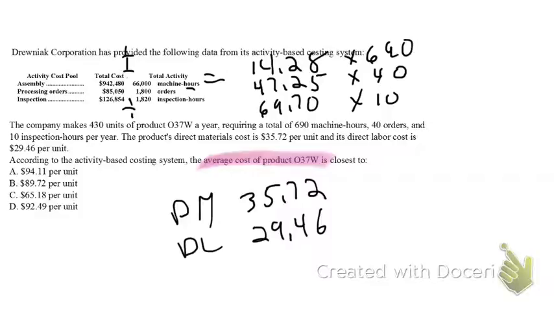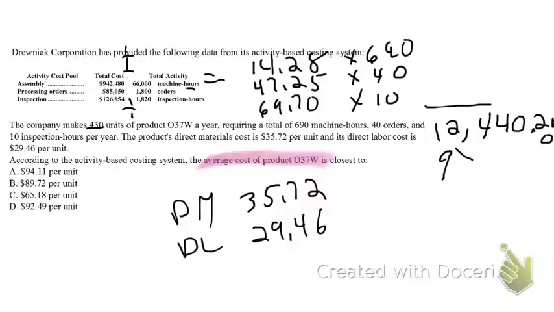Okay. So when I add up all of those items, that's $12,440, and I believe 20 cents. It's 20. Okay. Now, I produced a total of 430 units. My total overhead is $12,440.20.